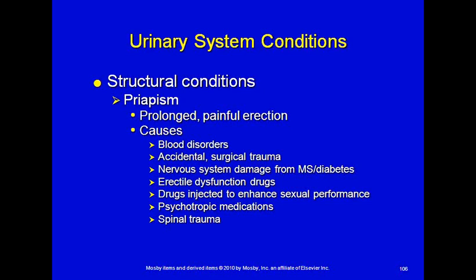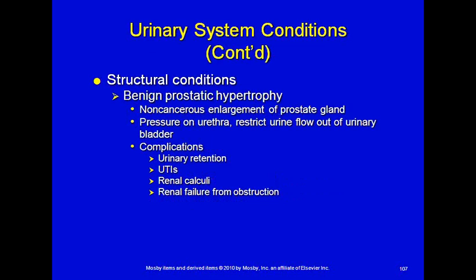Drugs injected into the base of the penis to enhance sexual performance, and those would be things like methamphetamine. Psychotropic medications may cause an erection, as well as spine trauma, which we've all been taught to look for priapism in a person that we suspect has a spinal cord injury.